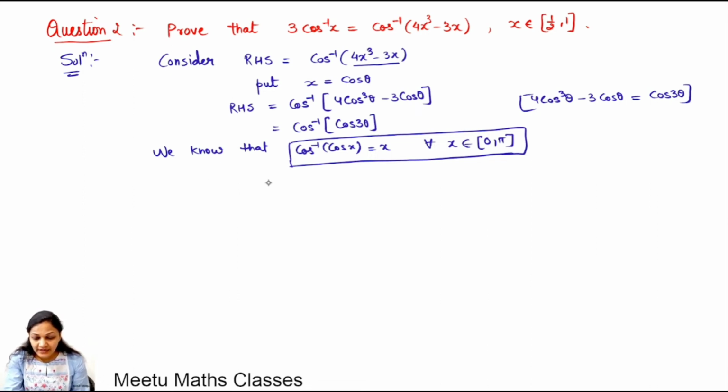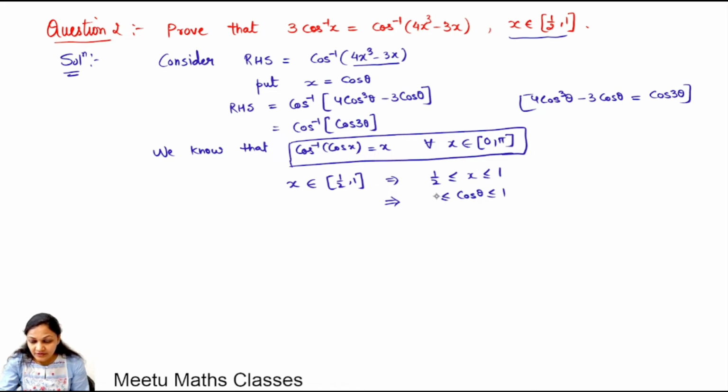Now we know that x belongs to half to 1. That implies x is lying between half to 1. And what is x? x is cos theta. So cos theta is lying between half to 1.